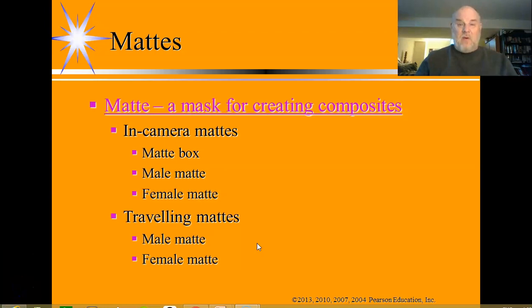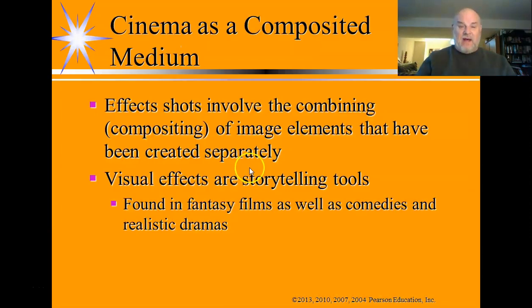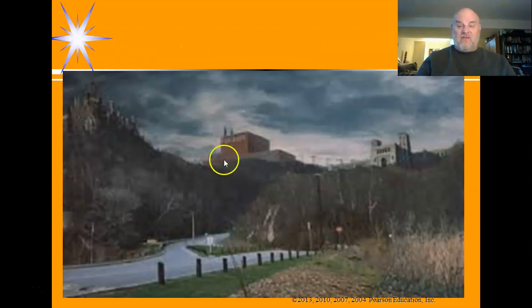That process was the use of what are called traveling mats rather than in-camera mats. The way that traveling mats work is that it will be decided that two images want to be composited. Here we have this image that has been composited, which I talked about earlier, and it was composited through the use of traveling mats.